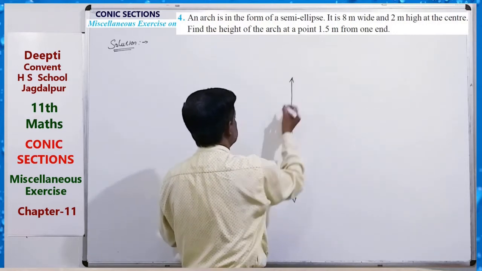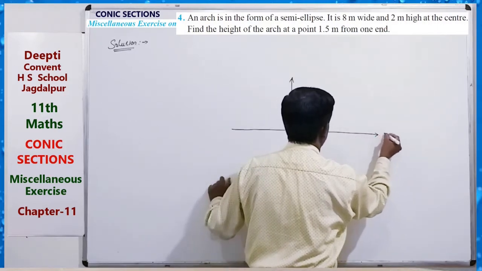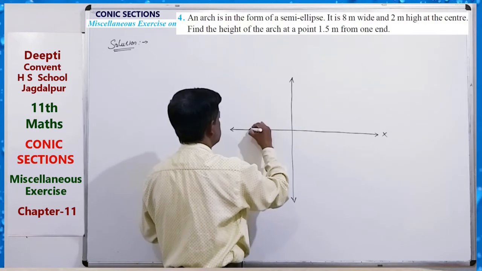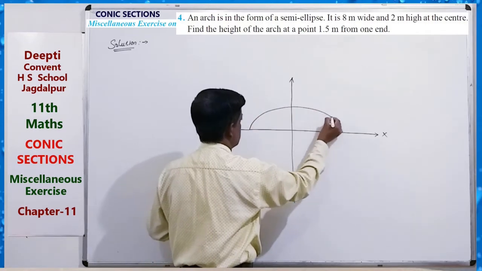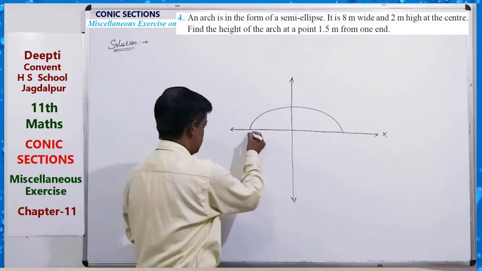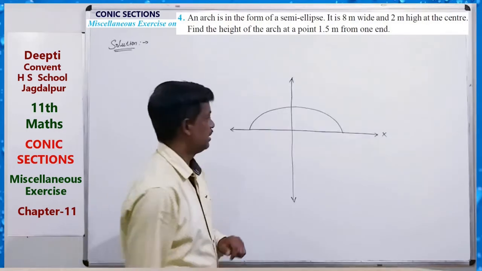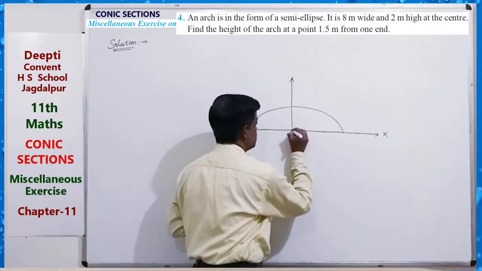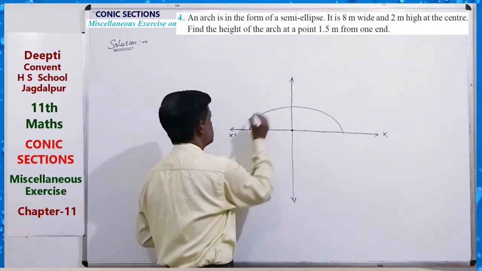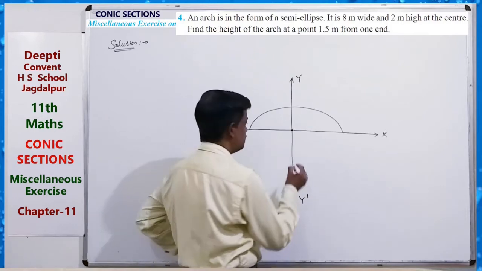Suppose this is the y-axis, this is the x-axis, and this is the semi-ellipse. The total ellipse is this. This is the center.